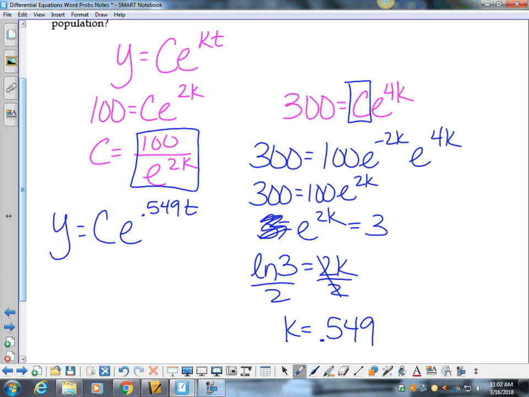Do I want to use that formula I just wrote down? Yeah, look at the one that's right above that that says C equals. How about that one? Because I want C. I want how many I started with. And I have the 100. E I'm good with. 2 I'm good with. And didn't I just find K? Sweet. Let's use this guy.